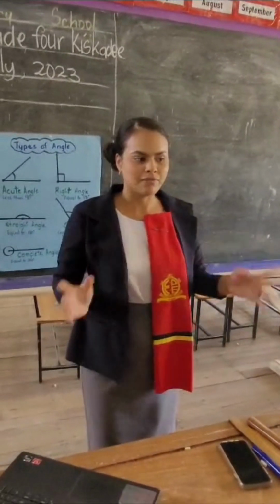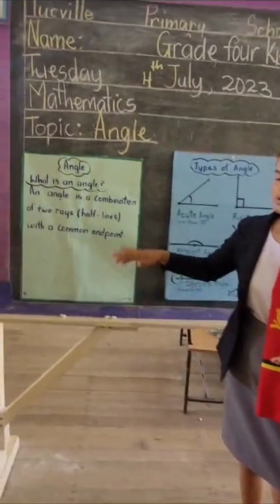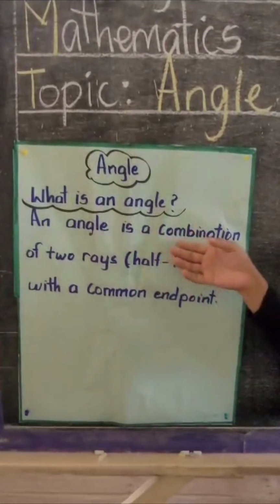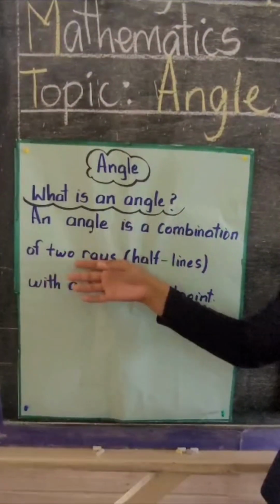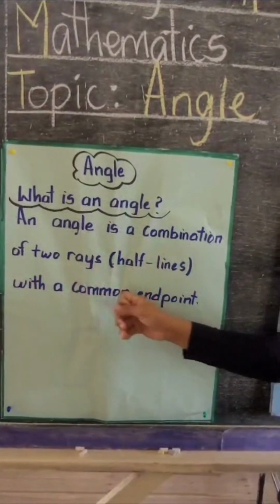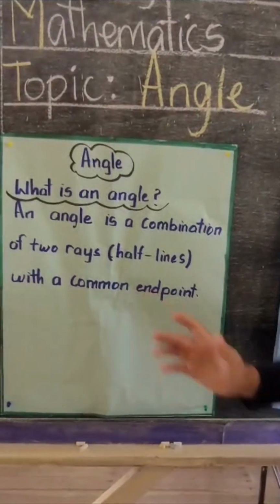Let me recap everything quickly. So what is an angle? An angle is a combination of two rays, half lines, with a common end point. Good.